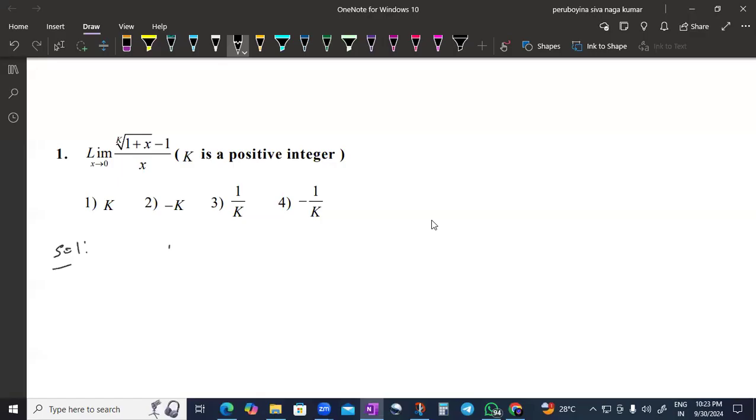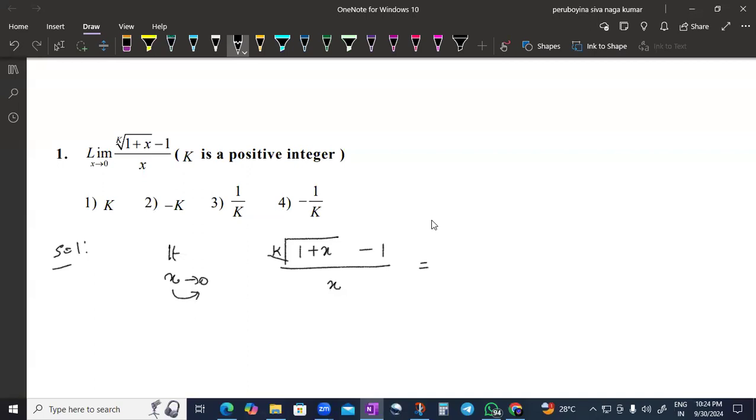Limit x tends to 0, kth root of 1 plus x minus 1 divided by x. First, we will substitute this x value 0 and then we will see what happens.